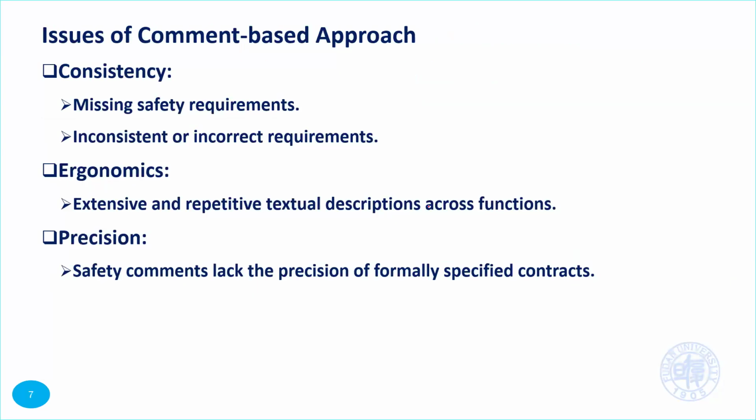But such practice has several issues. Firstly, the consistency issue, like missing safety requirement declarations, and some specifications are inconsistent. And our group already fixed several such issues in the standard library.